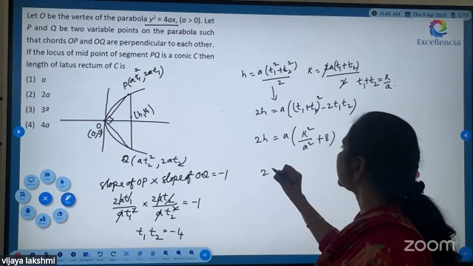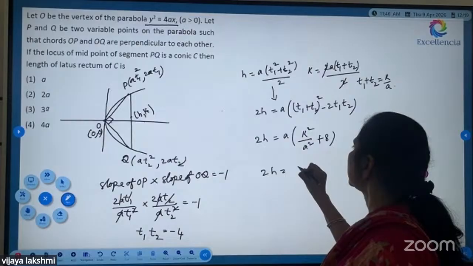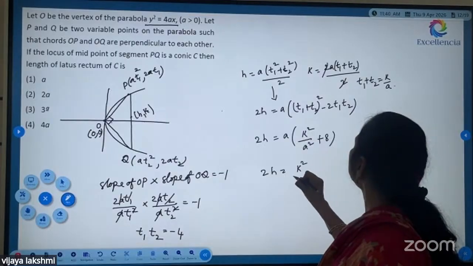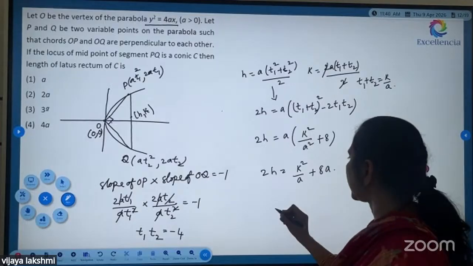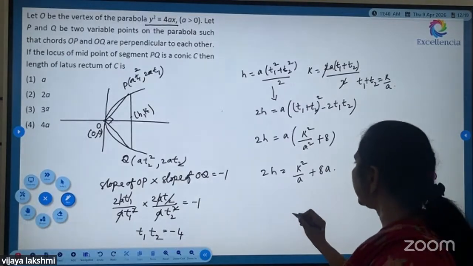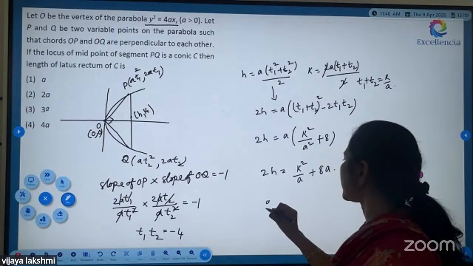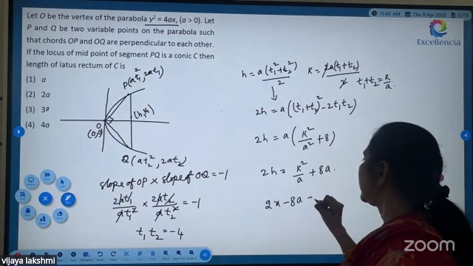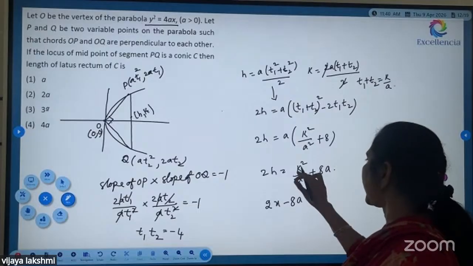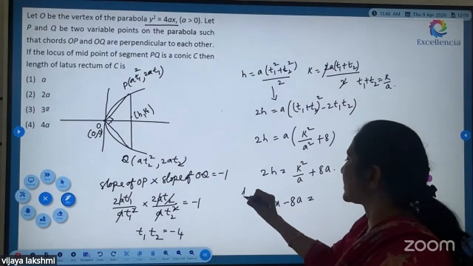Just by multiplying 2h a square by a square by a plus a plus by a plus a minus a. You will get it now in terms of x: 2x minus a equal to k. I am writing it as the locus of h comma k.